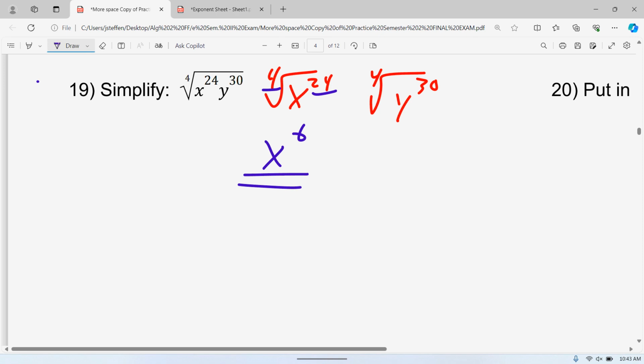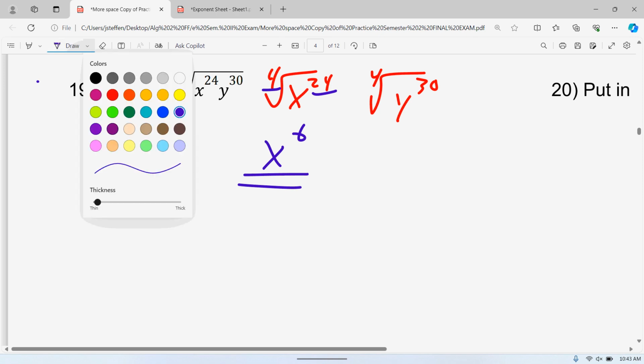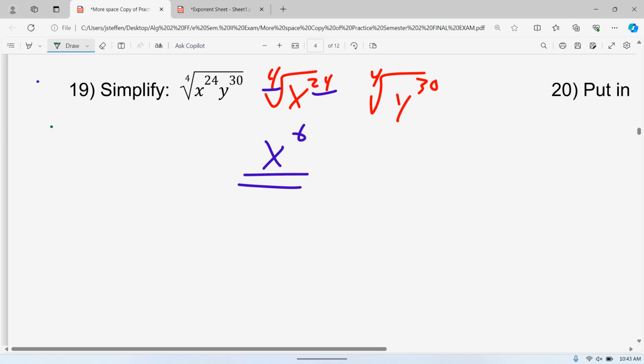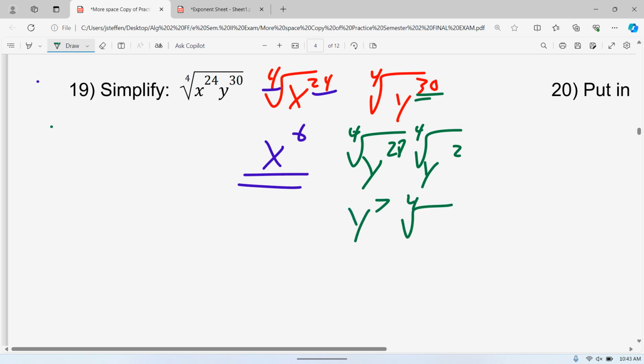Basically, I'm going to change that 30 to y to the 28th. That is divisible by 4. If you took 28 of them, we have 2 more of them left. That's what gave us the original 30. Divided by 4, that's y to the 7th. This part doesn't change at all. So then you put these together: x to the 6th, y to the 7th, times the fourth root of y squared.